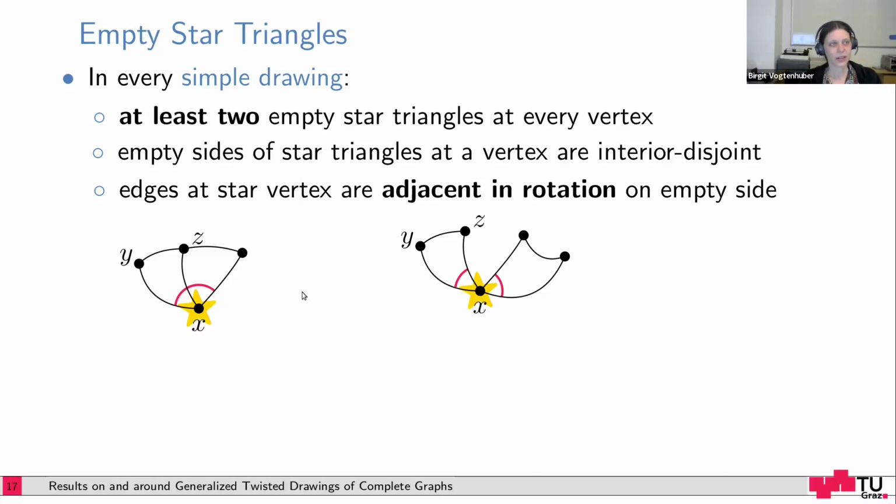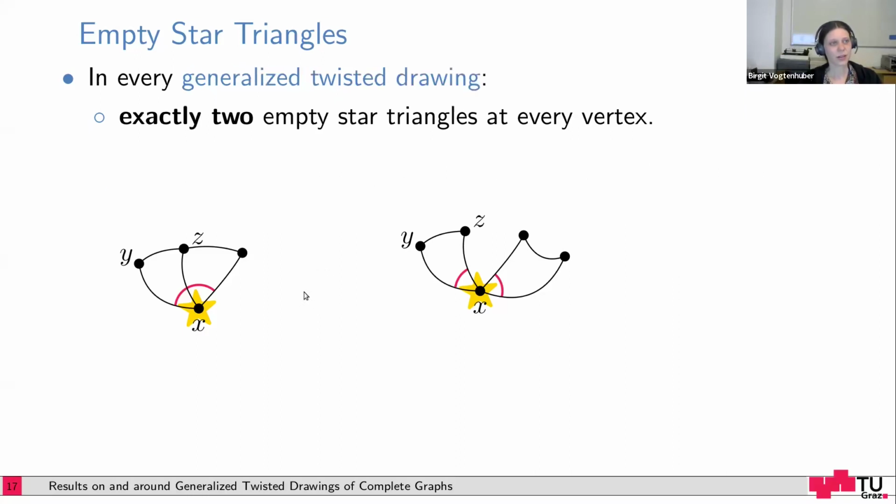Now, if we look at star triangles in generalized twisted drawings, which are simple drawings, so we have at least 2 empty star triangles at every vertex. But actually, we don't have at least 2, but we have exactly 2 such triangles. So why is this? Recall that we have these two endpoints of our ray, O and Z, and they have to lie on opposite sides for every single triangle, so also for every empty triangle.